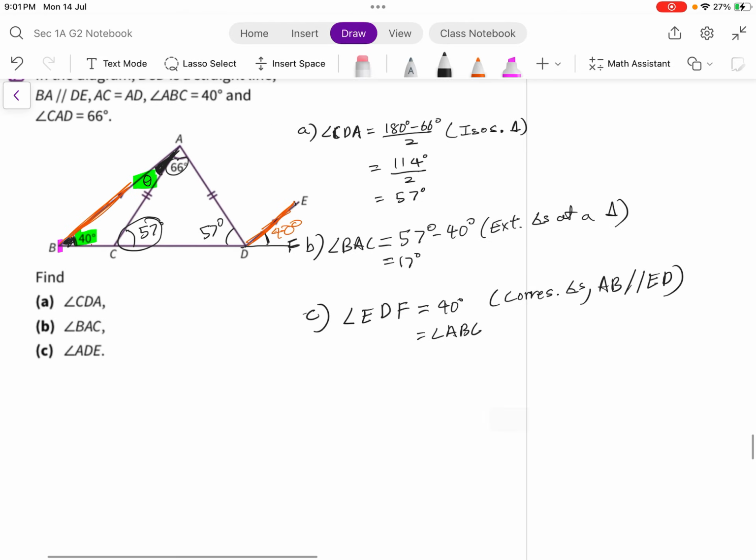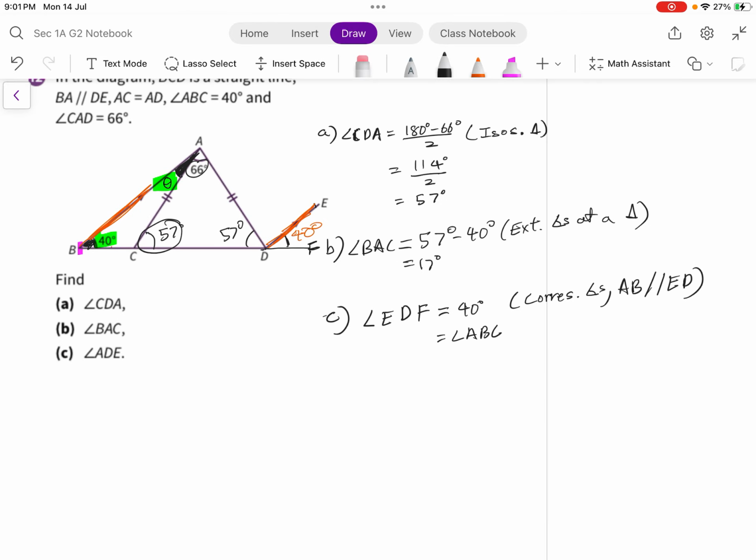Okay, then from here, I want to find this angle ADE. So angle ADE is 180 degrees minus 57 minus 40, which is 83 degrees.